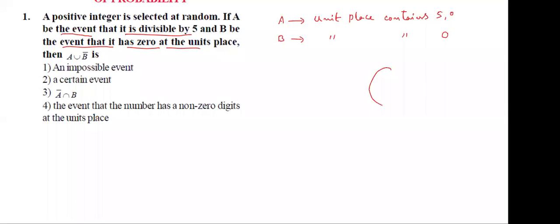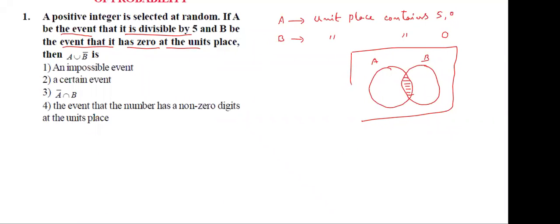This is one event, this is another event. See, I have written 0 in both places, this is the intersection part. In both the terms 0 is there, or not? Now this is the total sample space.